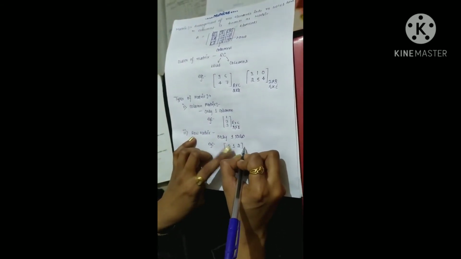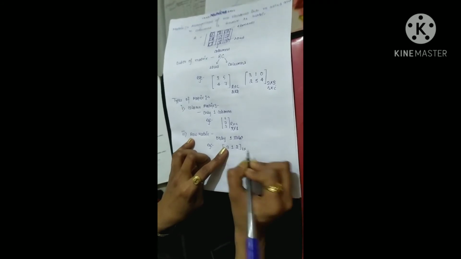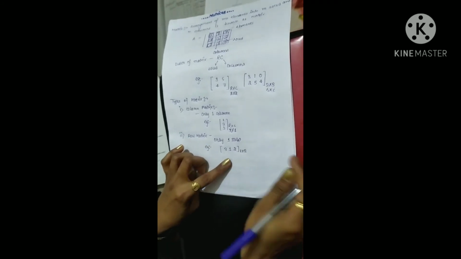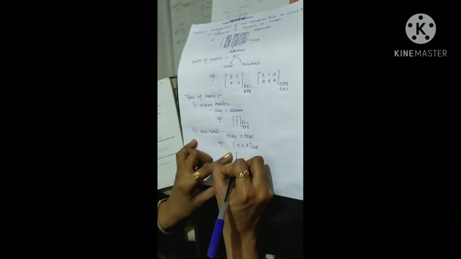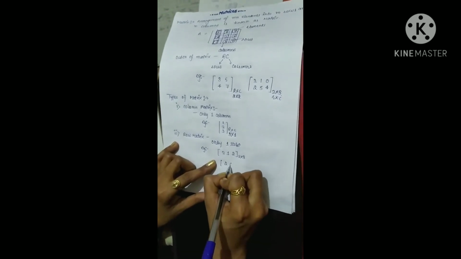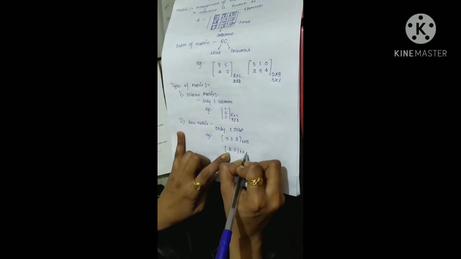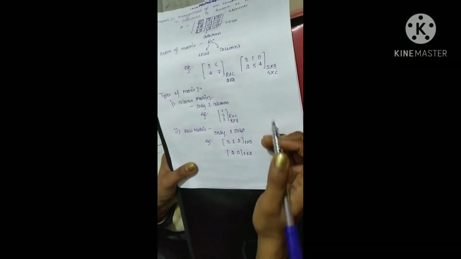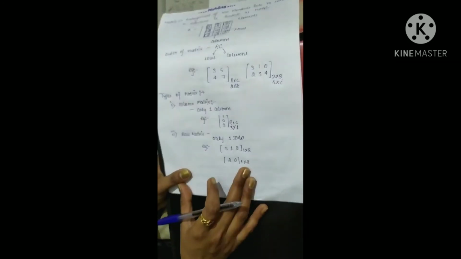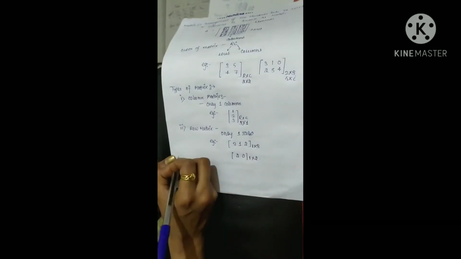Number of rows in this is 1, number of columns 3. Let us take the next example. Number of rows 1, columns 2. Simply you can say that only one row and any number of columns.